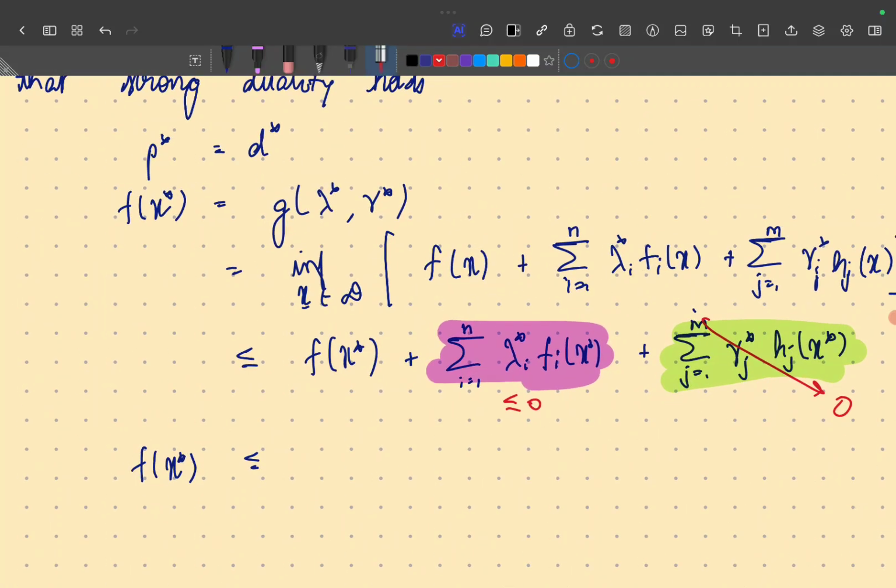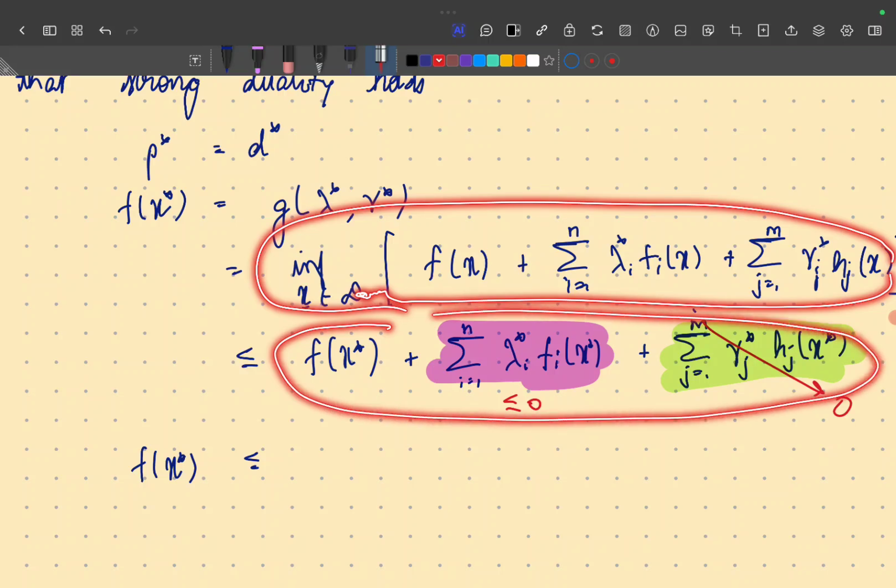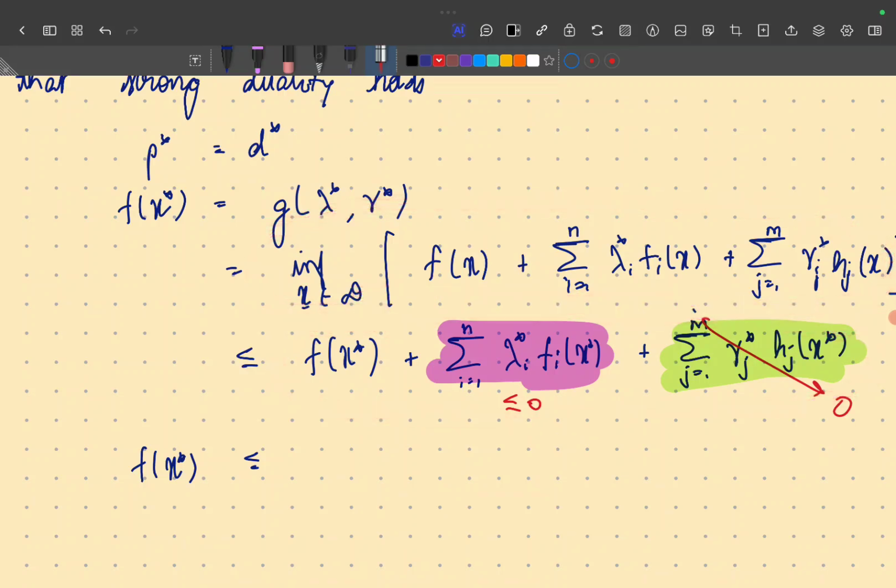It is some specific x star. It doesn't matter what, I could plug in any other x I want over here, right? Because this is the minimum over all possible x in the domain. For any specific x, the value of the Lagrangian can only be greater than or equal to this quantity.